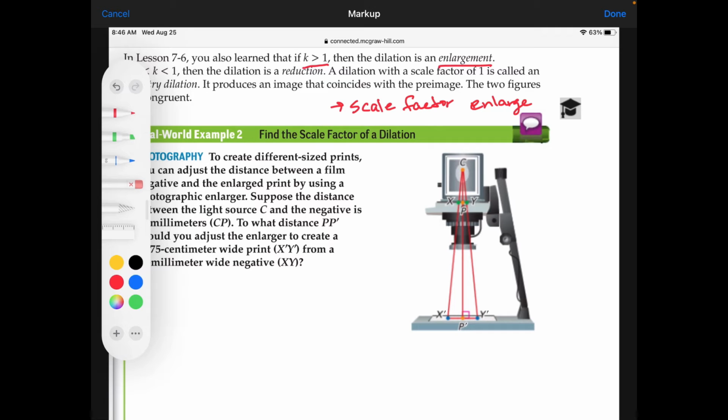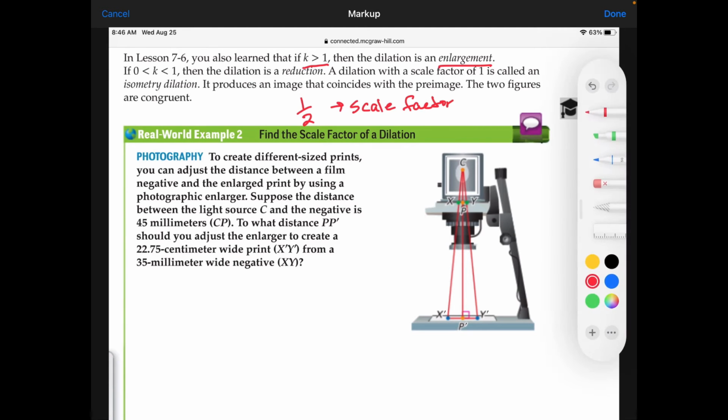If, on the other hand, you're given a fraction, let's say 1 over 2, that's your scale factor. That means we want to make it half times smaller, or 2 times smaller than the original figure. So if it's a fraction, or anything between 0 and 1, then that means we are trying to reduce the picture, making it smaller.